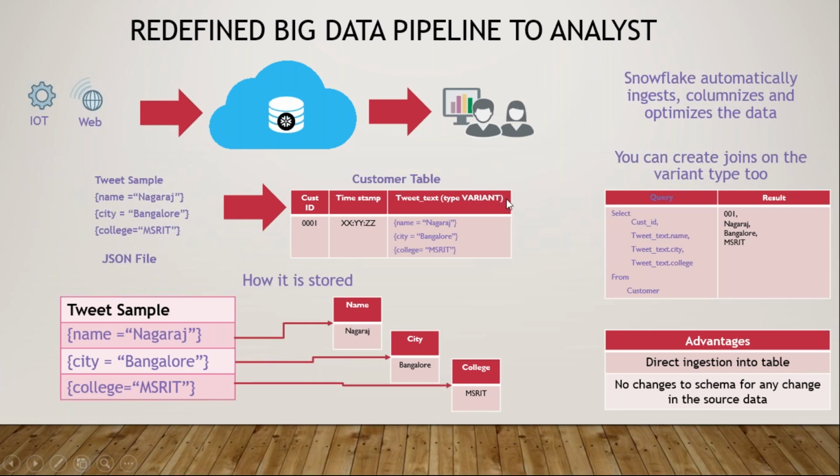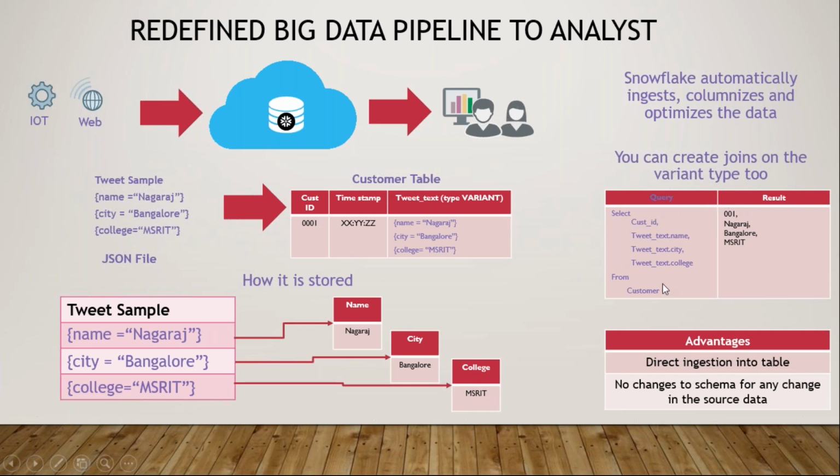One of the data types that Snowflake provides is the variant data type, which allows the JSON data to sit in a particular column. In this case I've named it tweet text. It's an example column, and the data is here.